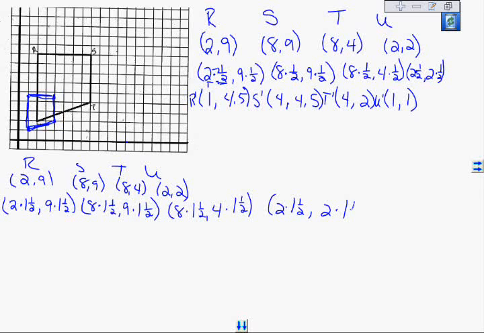Now, 2 times 1.5 is 3, 9 times 1.5 is 13.5, 1.5 times 8 is 12, and this one is 13.5. Here's how I'm doing this quickly, in case you want the trick. A whole 2 is 2, and 1/2 of 2 is 1.